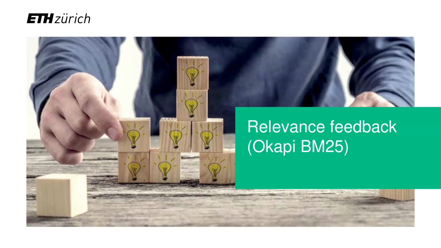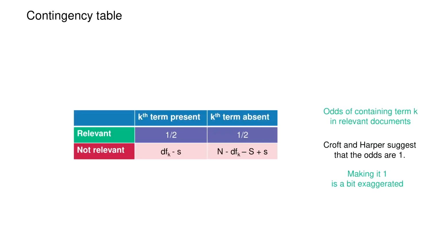All right, so here's what they did, slightly different. They considered that this 1/2 here for filling the PK, 1 minus PK, is an outrageous assumption. It's just too simplifying, too coarse, and so they were not very happy with it. It might be a bit exaggerated that the odds are 1, meaning 1/2.